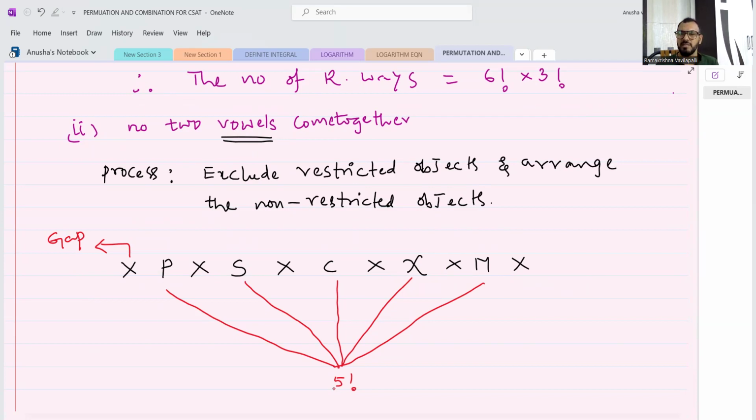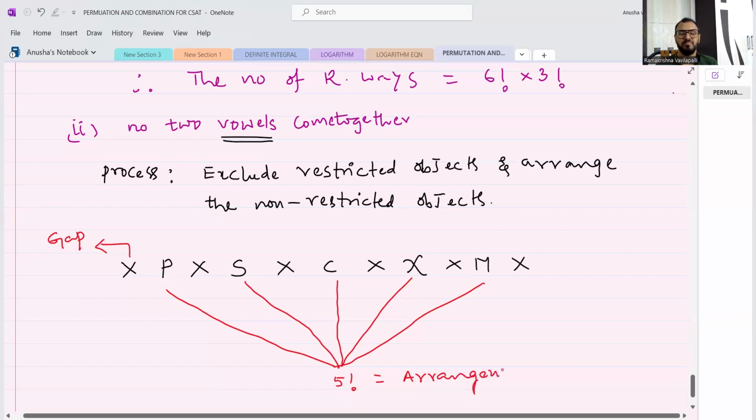Suppose you want to arrange girls and boys so that no two girls sit together, then arrange the boys. Suppose we want to arrange 5 girls and 5 boys so that no two boys sit together, then arrange the girls. So here the consonants P, S, C, X, M can be arranged in 5 factorial ways. This is the arrangement of consonants.